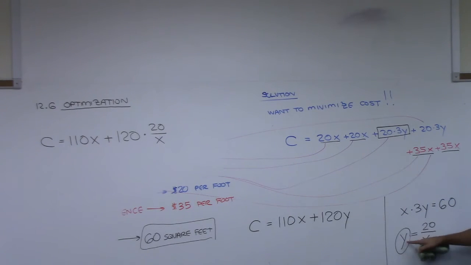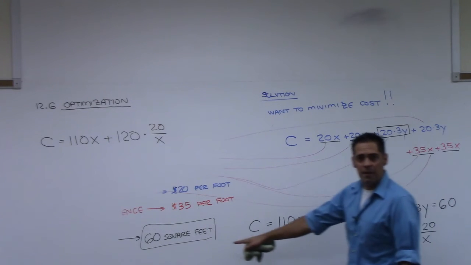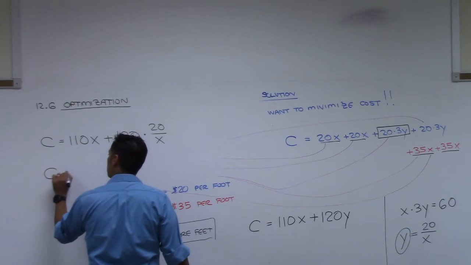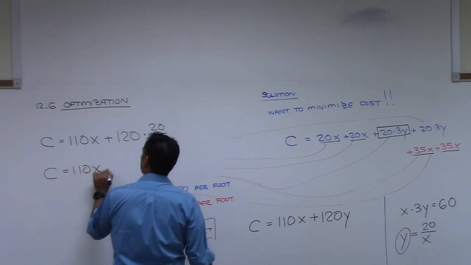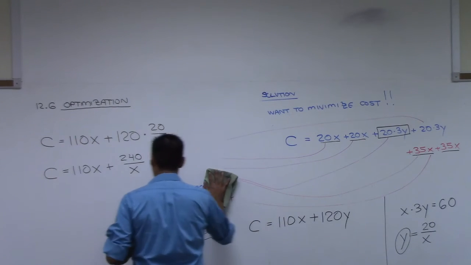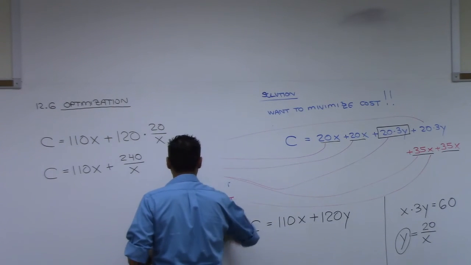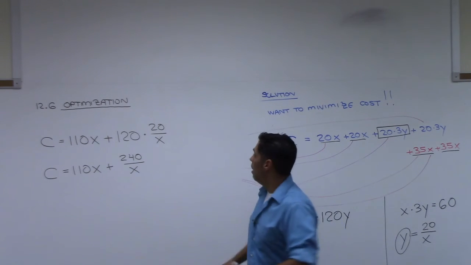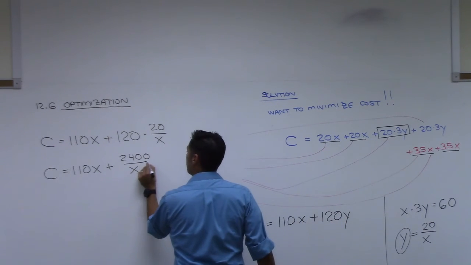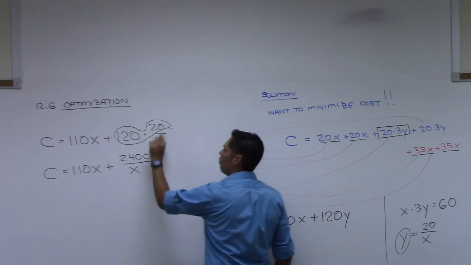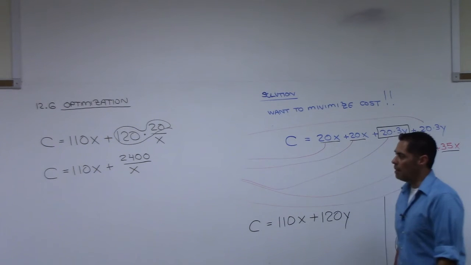Yes, y is 20 over x. Has to be, in order to have 60 square feet. One more thing. Pardon? 2,400? Yeah, I'm missing a 0 here. Thank you. All I did there was multiply 20 times 120, and that's on the top, so 2,400.